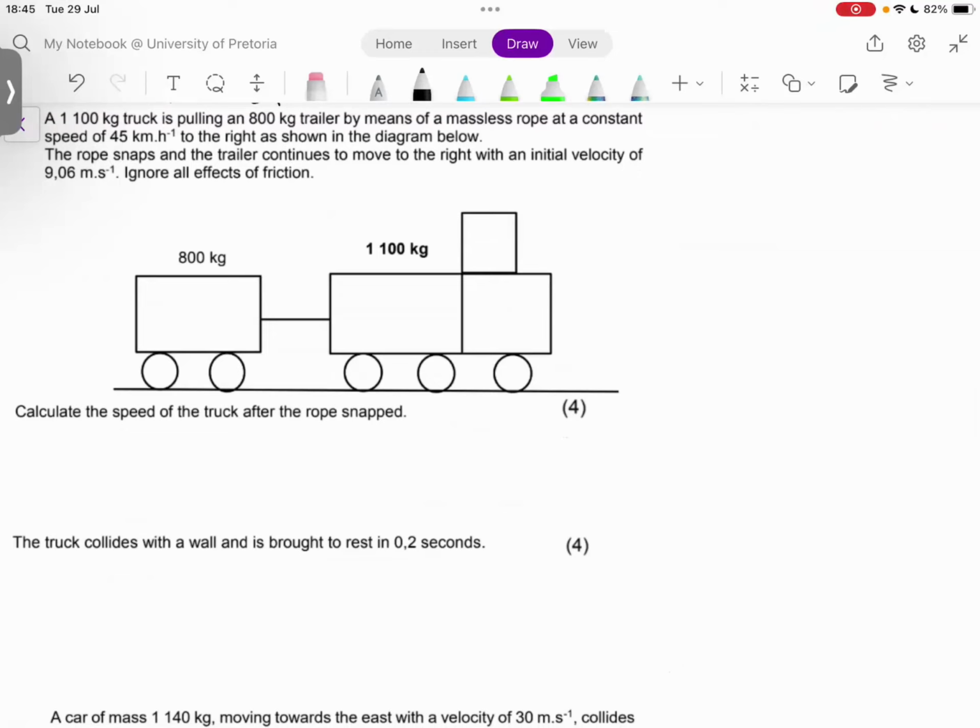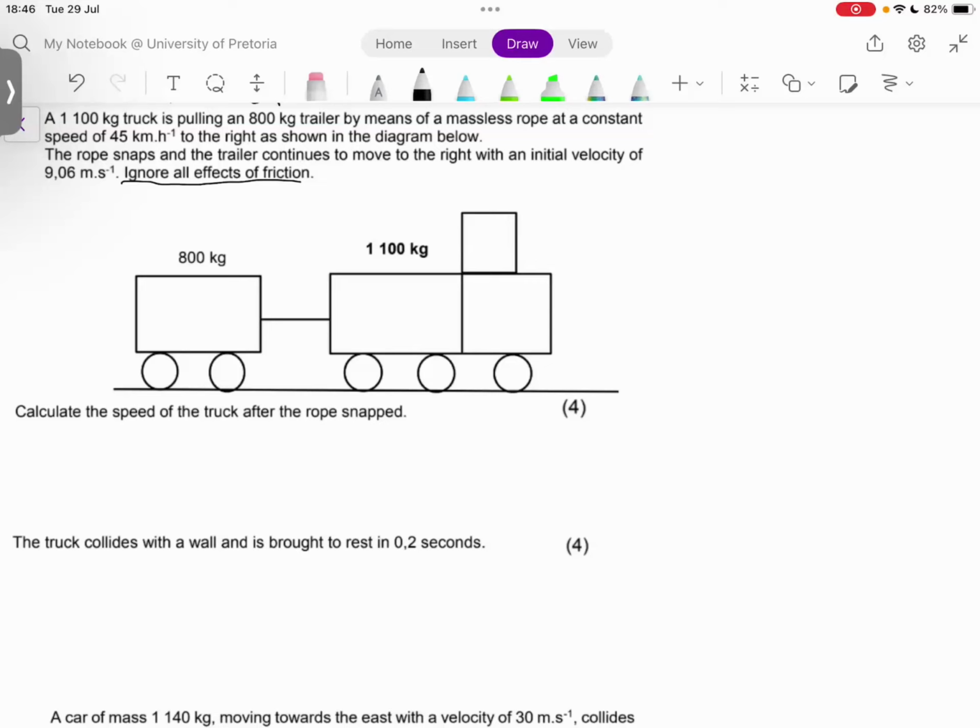The rope snaps and the trailer continues to move to the right with an initial velocity of 9,06 meters per second. Let's ignore all the effects of friction. Again, when we see something about ignoring the effects of friction, we are dealing with an isolated system, so the principle of conservation of linear momentum applies, right?